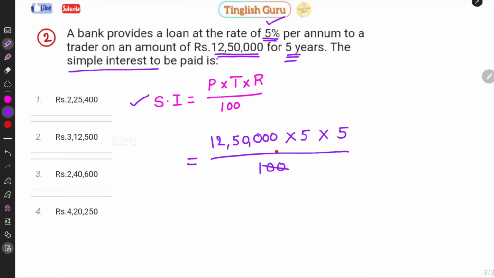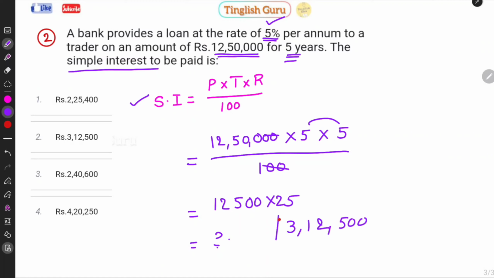Cancel 2 zeros and cancel 2 zeros. So what we will get: 12500 into 5 into 5, it is 25. On solving, we will get the multiplication value, 3 lakhs 12,500 rupees. So this will be the simple interest.